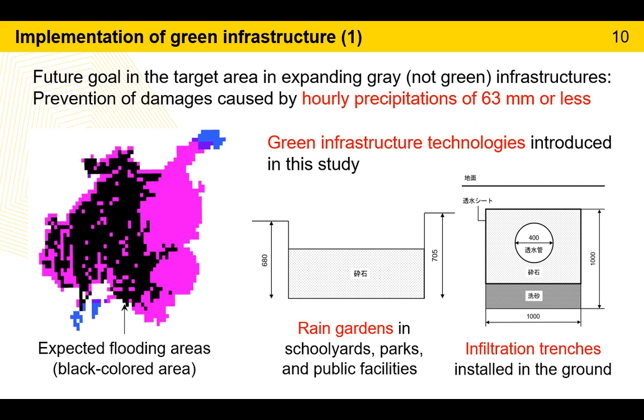Therefore, we investigated the implementation effect of green infrastructure for hourly precipitation of 63 millimeters or more. In this study, we introduced two green infrastructure technologies: rain gardens and infiltration trenches.